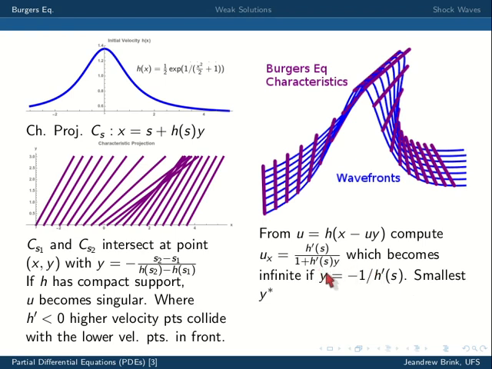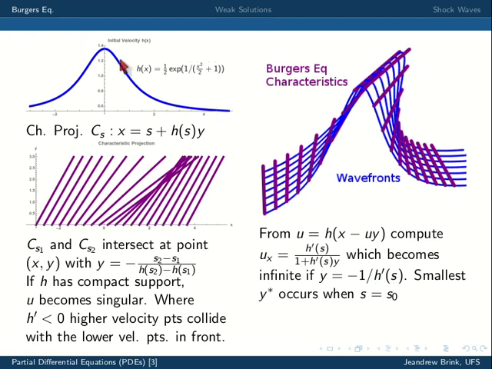So what we can do now is work out the smallest value of y for which the shock occurs. Okay? And the smallest value of y for which the shock occurs is simply what I call y star. The smallest value of y where it occurs is going to be given by the biggest derivative h prime of s that you can obtain for this problem, and we're going to say that occurs at s0.